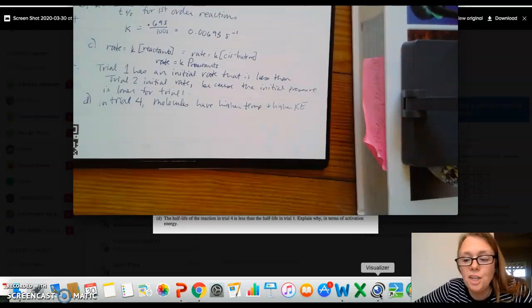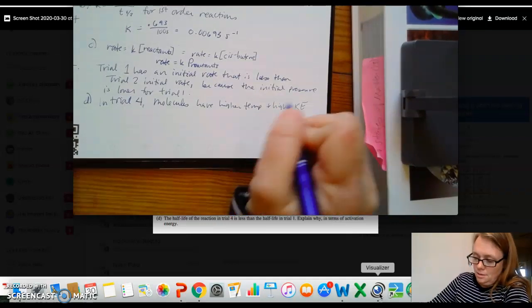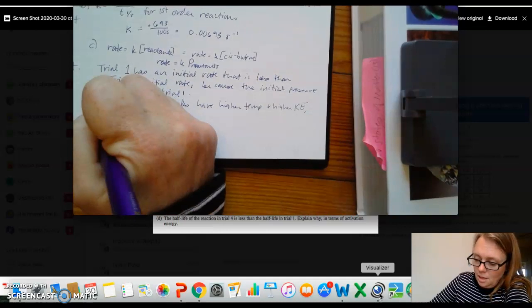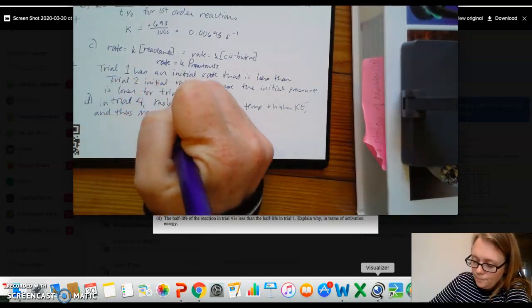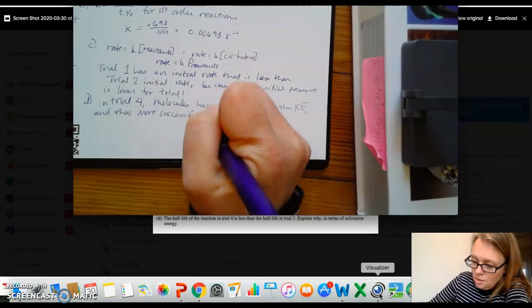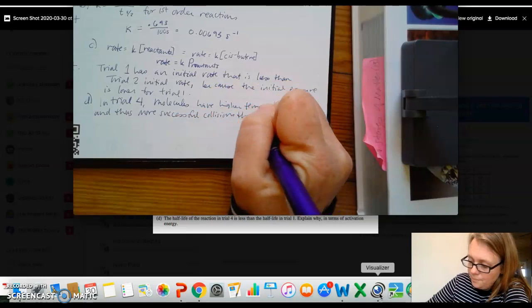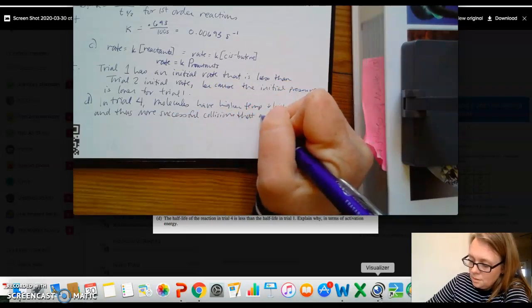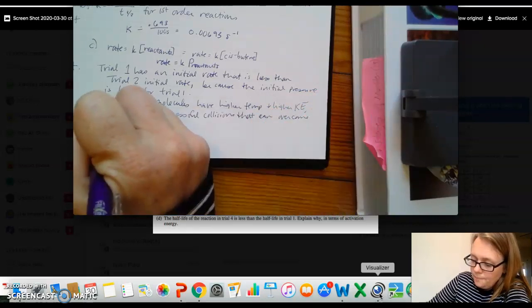And if they have a higher kinetic energy, then what do you know about the collisions? Thus, more successful collisions that can overcome the activation energy.